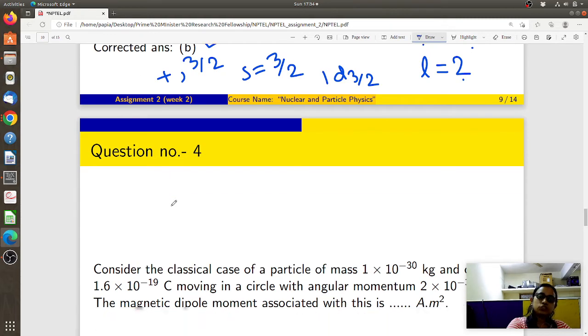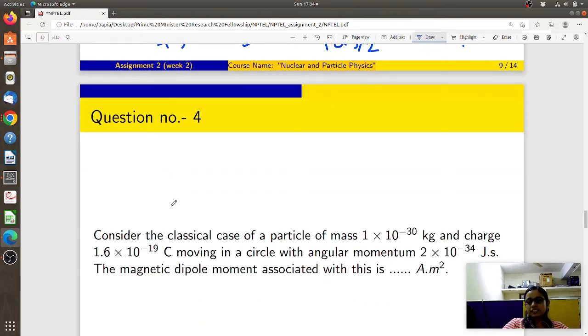The fourth question is: consider the classical case of a particle of mass 1 times 10 to the power minus 30 kg and charge 1.6 times 10 to the power minus 19 coulomb, which is moving in a circle with angular momentum 2 times 10 to the power minus 34 joule second. The question is, what will be the value of the magnetic dipole moment in that system?